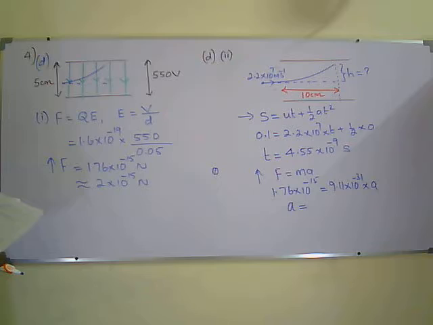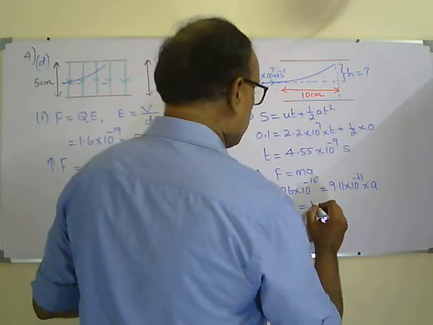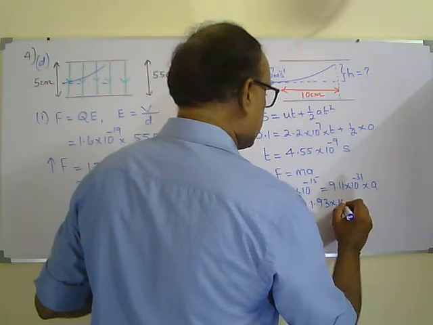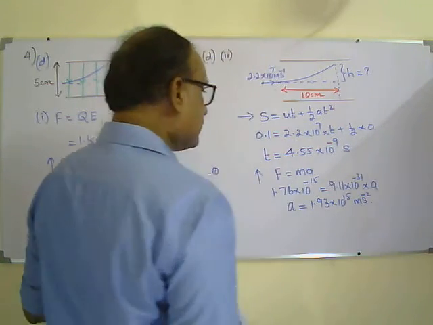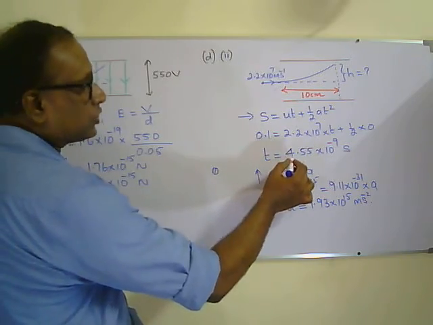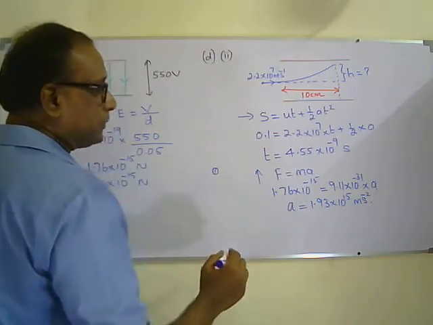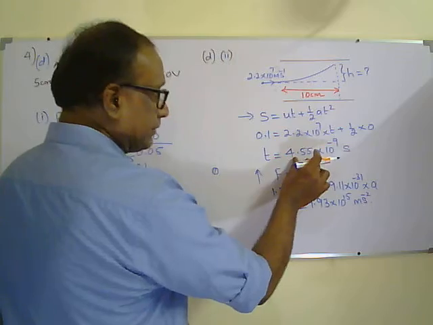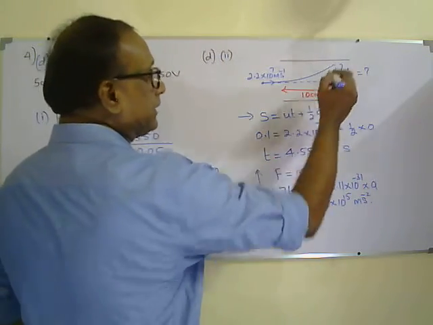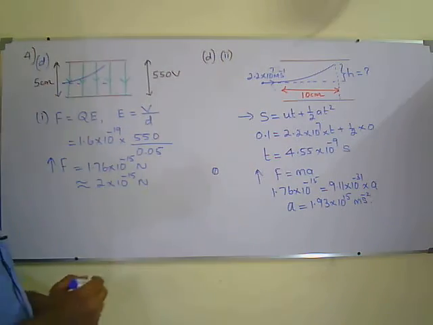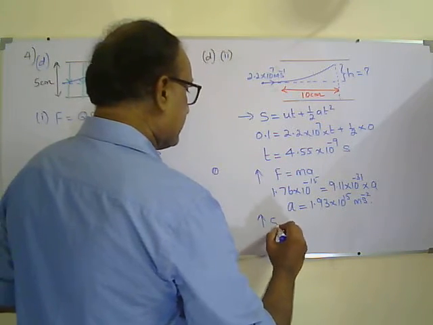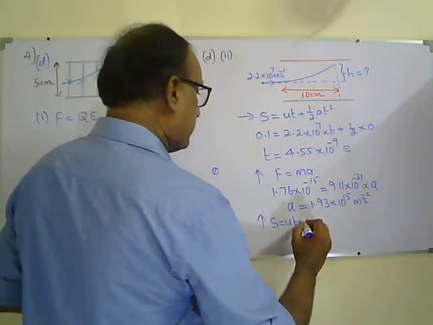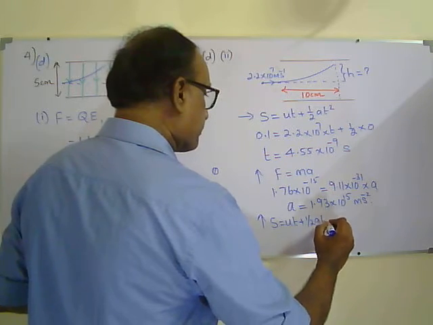That will be 1.93 × 10^15 meters per second squared. So I know the time to complete 10 centimeters parallel to the plates. During the same time, like projectile motion, it completed the displacement h towards the positive plate. So I can use, towards the positive plate, s = ut + ½at².